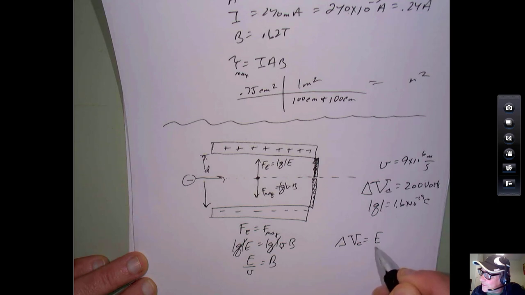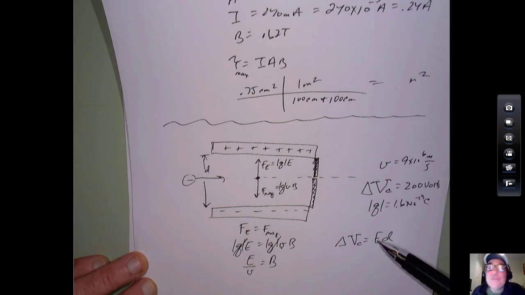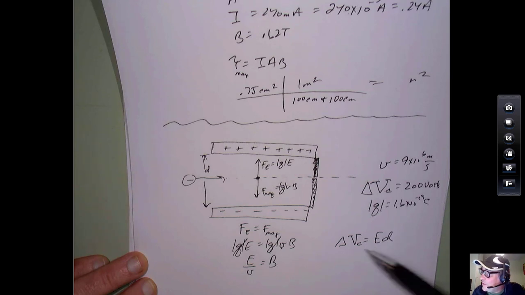We could just look at the units actually. E times D, yeah. The electric field is measured in volts per meter. So for the units to work out right, I knew this had to be E times D. Okay? So then the voltage across the capacitor divided by D will give you E.